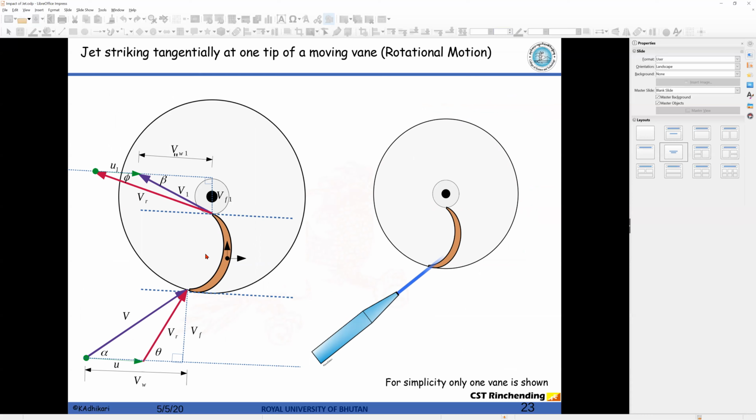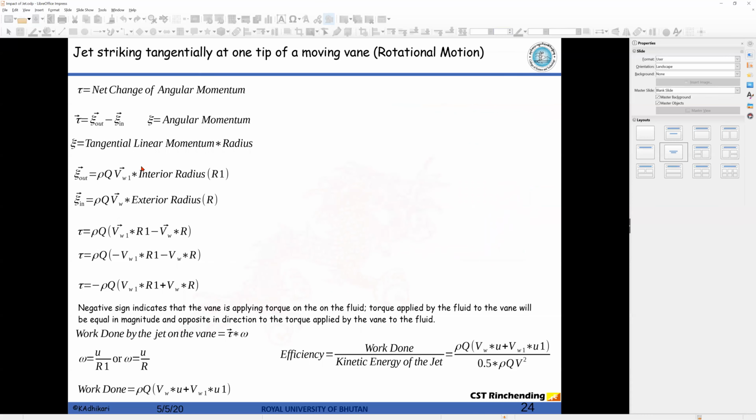So that is what I mean. Likewise, we substitute this equation in the final torque formulation, and then we can find the value for torque. So the torque is rho q Vw1 times r1 plus Vw2 times r2. So that is the torque.